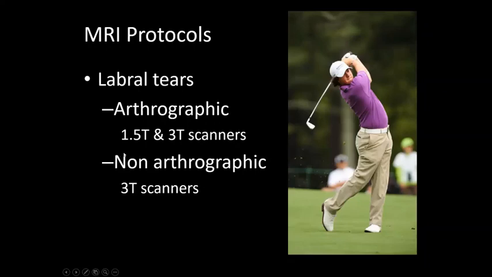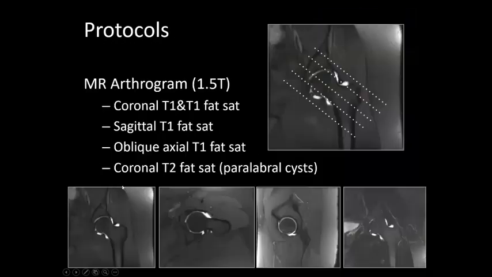The second technique is more recent and has been gaining interest and popularity over the past 10 years. It is the non-arthrographic imaging of the hip joint and the labrum without injecting the hip joint with gadolinium. But this technique has to be performed on a stronger magnetic field, the 3 Tesla scanner.